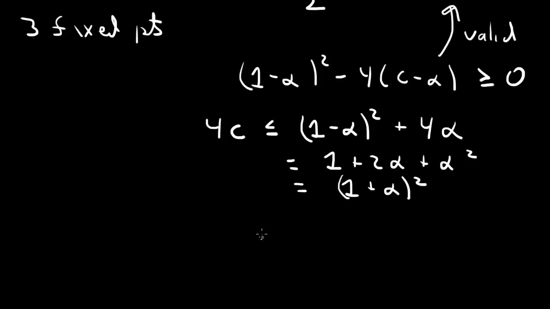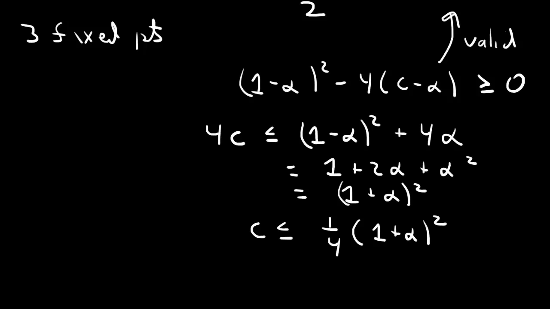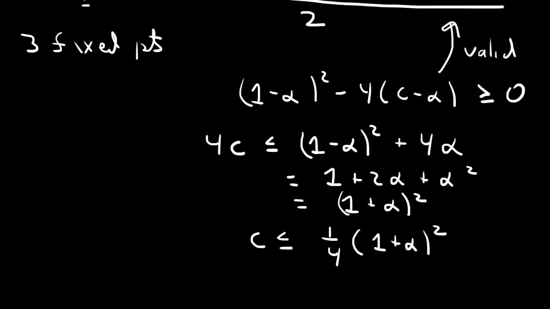So that means that c has to be less than or equal to 1/4 (1 plus alpha) squared. Okay? So you only get these two solutions provided that c is smaller than 1/4 (1 plus alpha) squared.